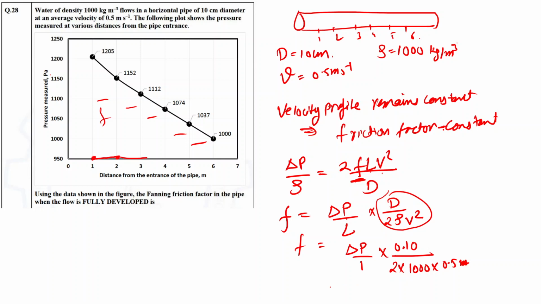So this will come around delta P into 2 into 10 raised to minus 4. So we have this equation correlating the friction factor with the pressure difference. Now we will use that to find the pressure difference in each of these sections, and corresponding to that we will find the friction factor.